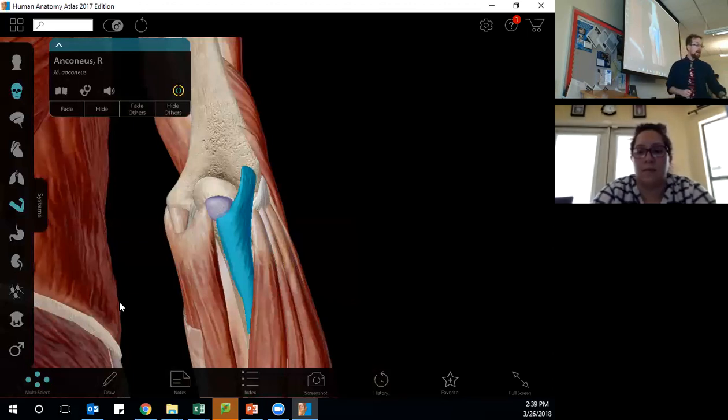All right, so next step is to get into the muscles of the forearm. There are quite a few that we will play with, and we'll do that next class. The muscles of the forearm handle flexion and extension of the wrist and finger motions.